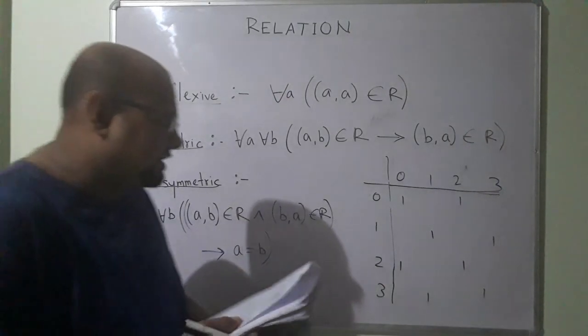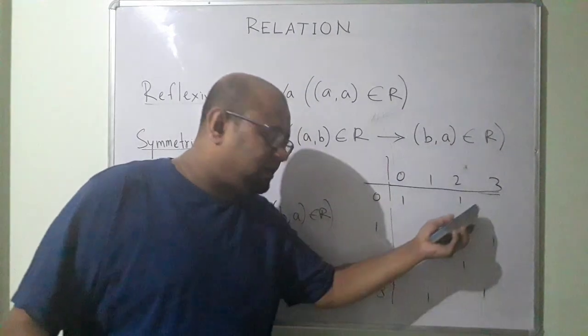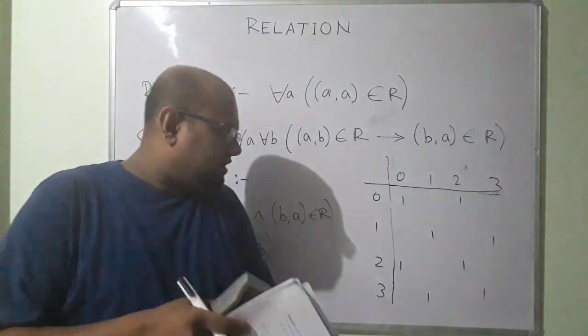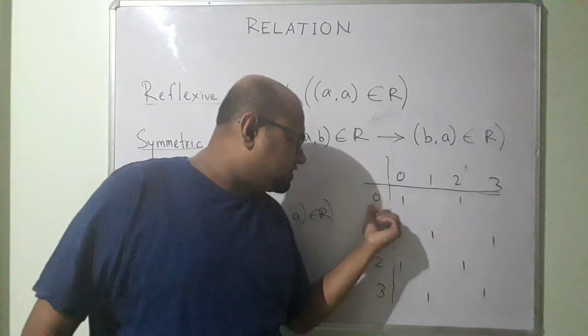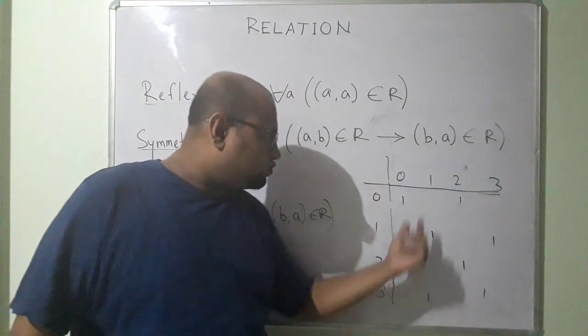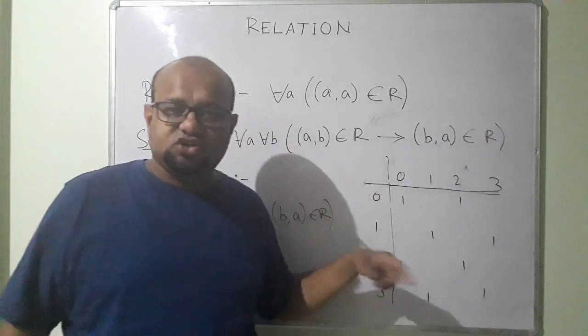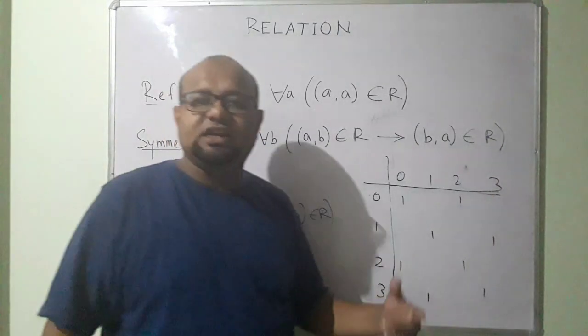Now this is a symmetric relation, right? Here, if this (0, 2) is there, then (2, 0) is also there. This would be symmetric, but this is not antisymmetric.